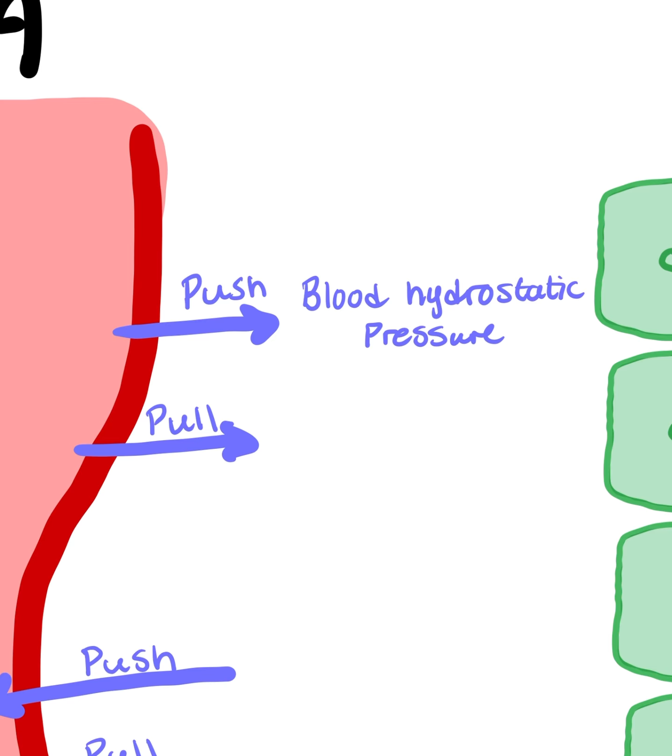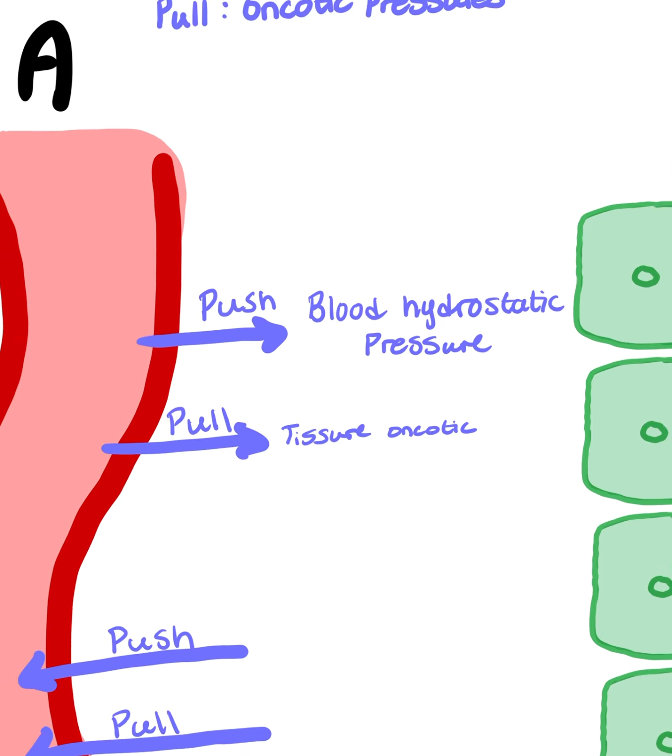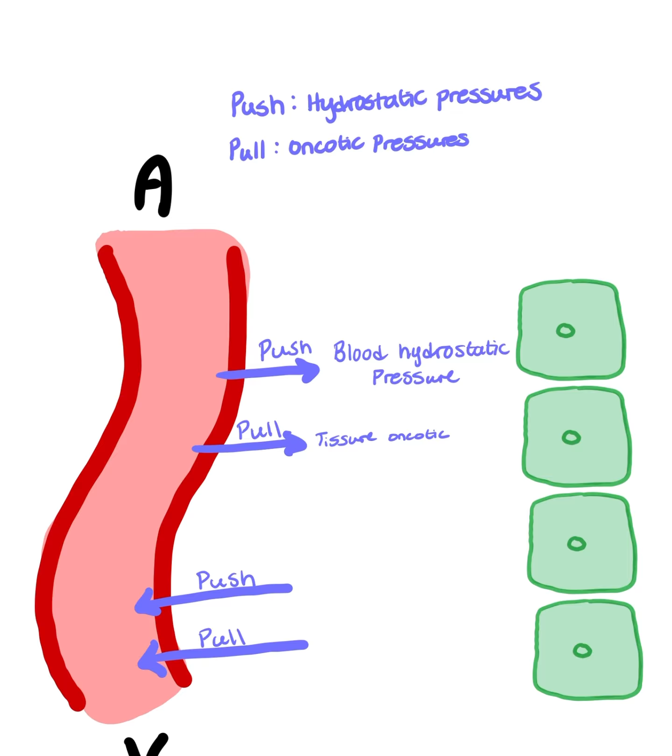There's also going to be a force that's pulling. This is similar to the concept that we just talked about. So this is going to be tissue oncotic pressure. Tissue oncotic pressure is when there are more solutes in the tissue fluid. Remember, this is that interstitial fluid, also known as the tissue fluid.